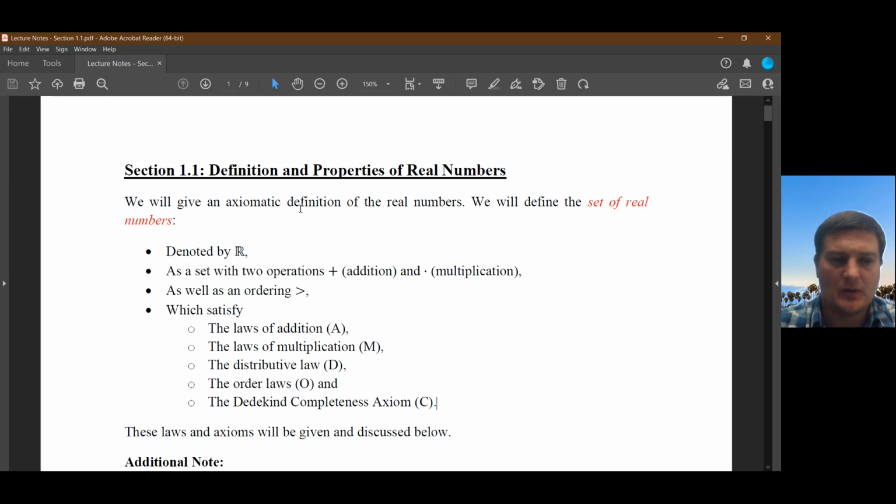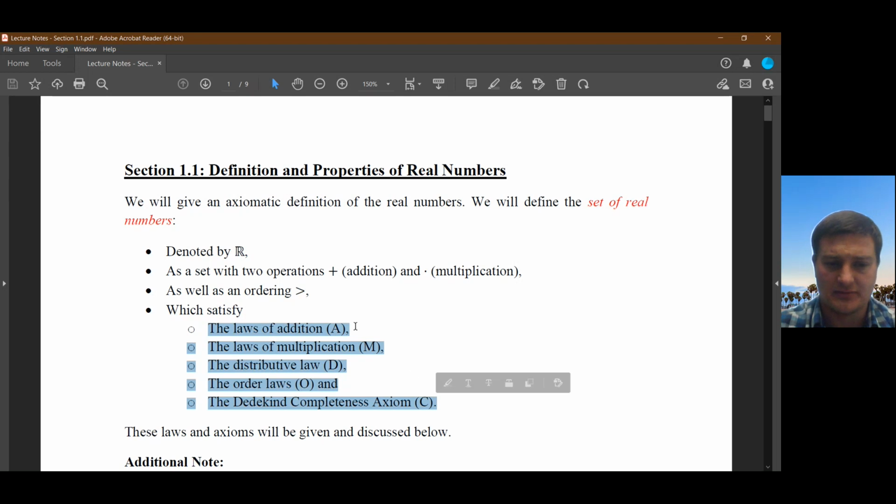Just before I start with the order axioms, let me give you an overview of where we are and what we've done. We started off with the axiomatic definition of the real numbers, which we denoted by the symbol R, with two operations, addition and multiplication, as well as an ordering greater than, which is where we're going to focus today, and then the 13 axioms given in this list.